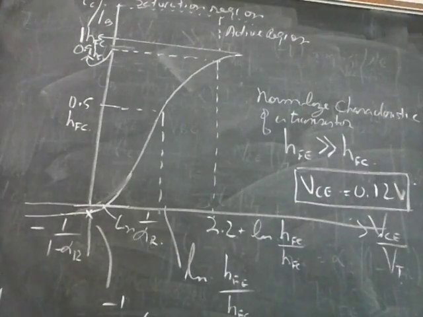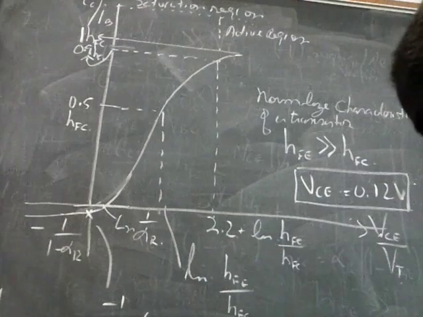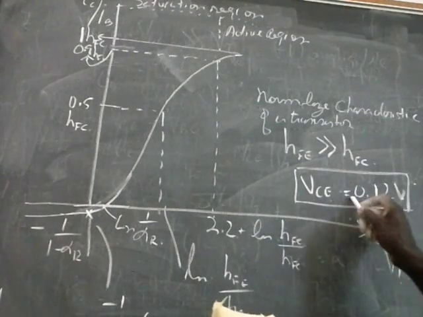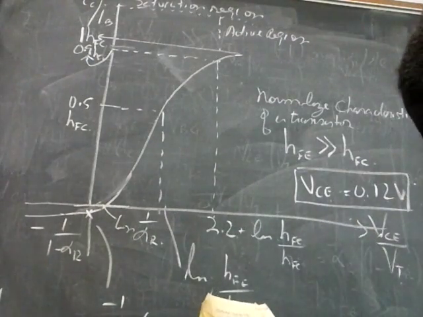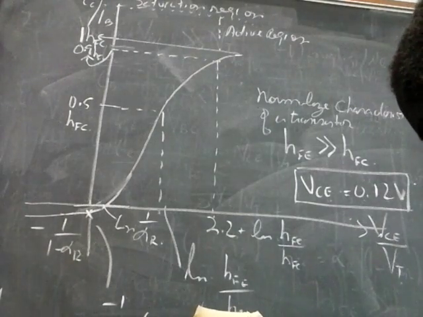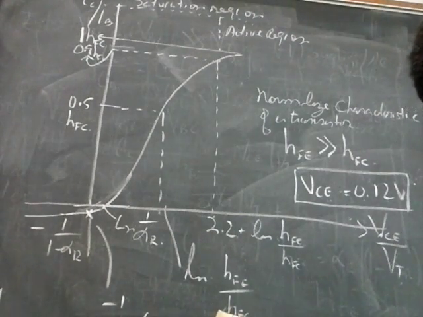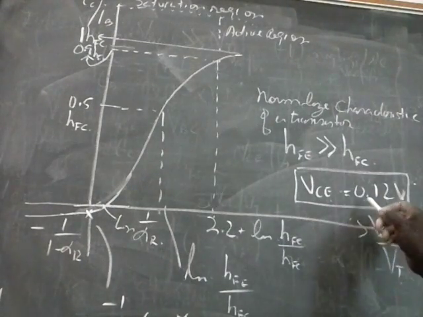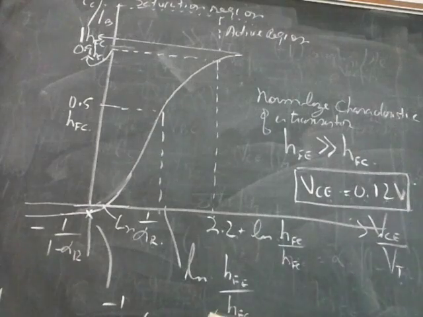That is using HFE equals 100 and HFC equals 0.1, 10 times more than what we used when HFC was 0.01. We know that VC is equal to 0.12 volts, a value which is closer to our assumption of 0.1 volts.